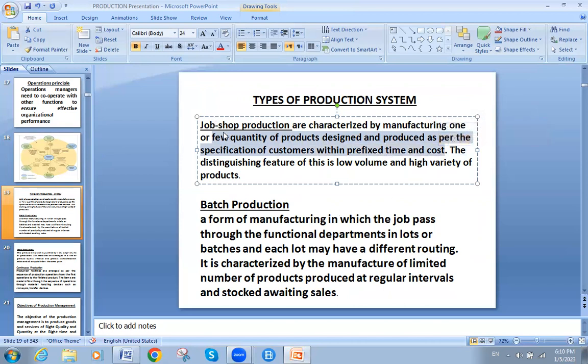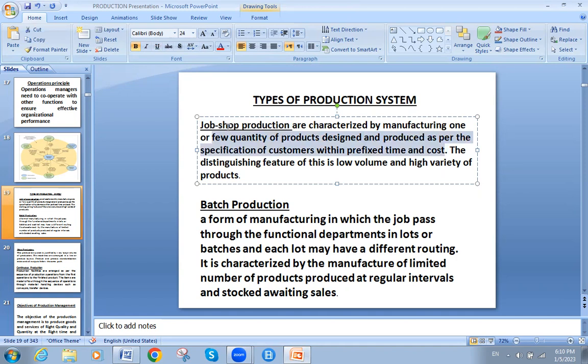Here, in the job shop, I open the factory, I open the machines to produce a product which the consumer wants. The quantity, the consumer will decide. The quality, the consumer will decide.